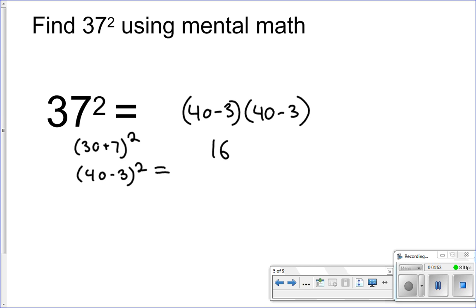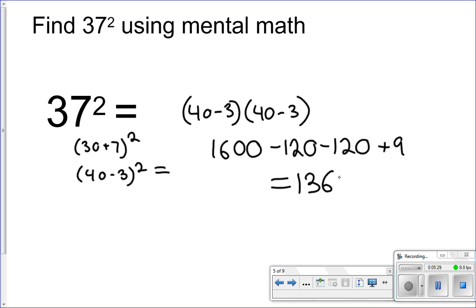So that gives me 1,600, because 40 times 40, doing the FOIL method. 40 times minus 3 is minus 120. And minus 3 times 40 is minus another 120. And then minus 3 times minus 3 is plus 9. So now I have 1,600 minus 120 minus 120 plus 9. And this is eventually going to equal 1,369.